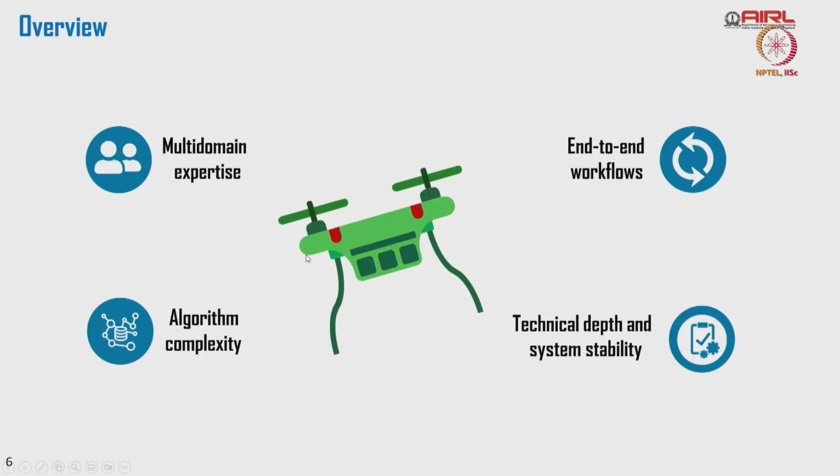Okay. Now, just to give you an overview, right? In any application we talk about where we are going to use the drone, multiple domain expertise comes into the picture. When I talk about an agriculture use case, an expert decides how much pesticide or fungicide I have to spray on a plant, based on the age of the plant, based on the diseases that I observe, right?